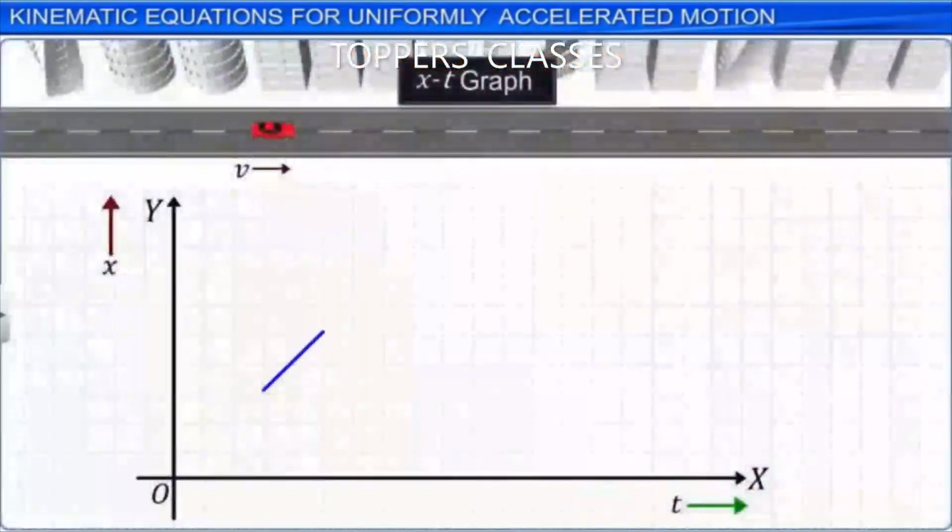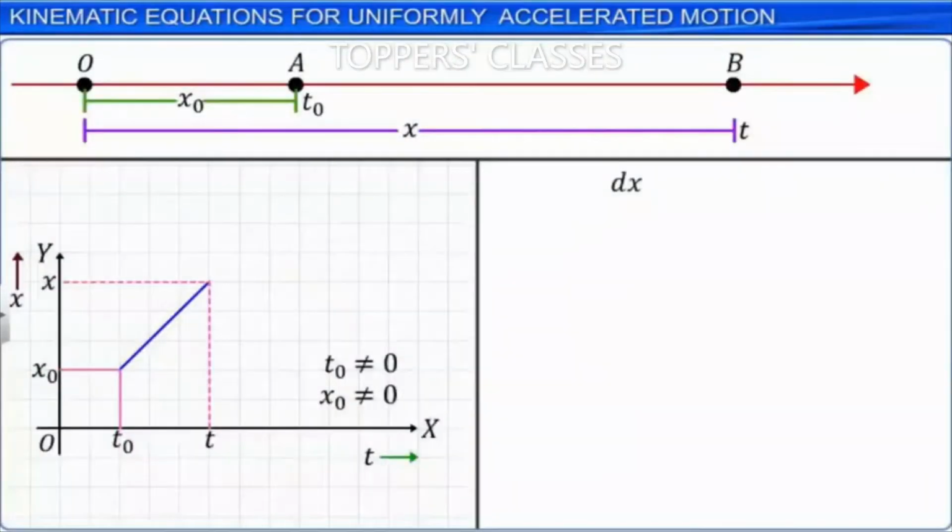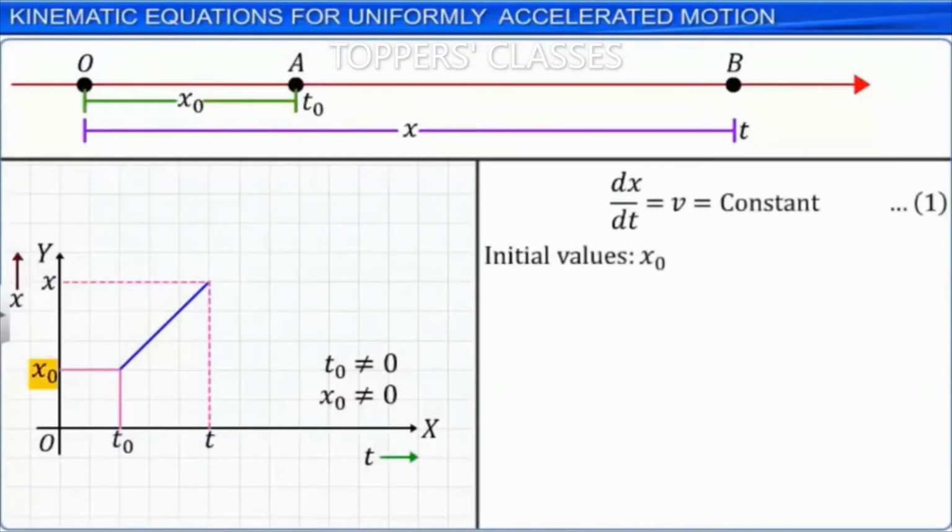Observe the xt graph. T naught is not equal to 0 and x naught is also not equal to 0. dx by dt is equal to v, which is a constant. Initial values are x naught, t naught. Final values are x, t. Cross-multiplying equation 1, we get dx is equal to v into dt.